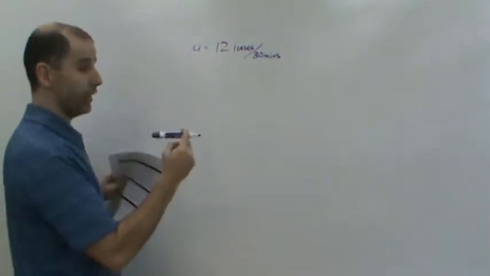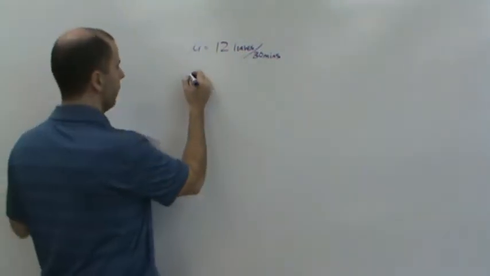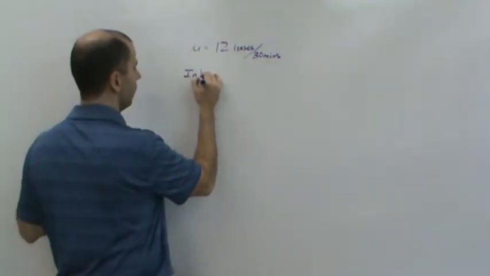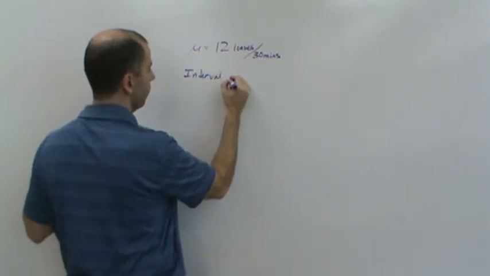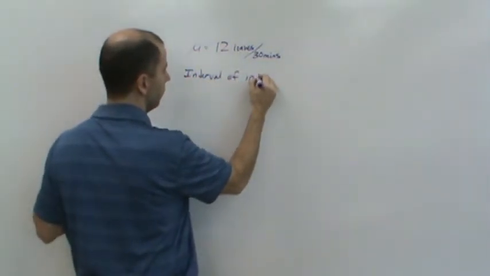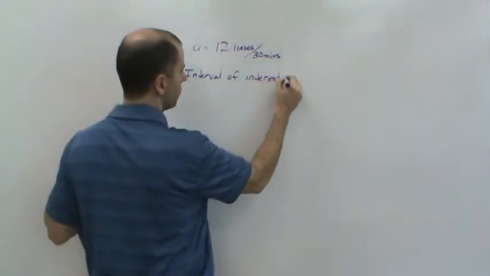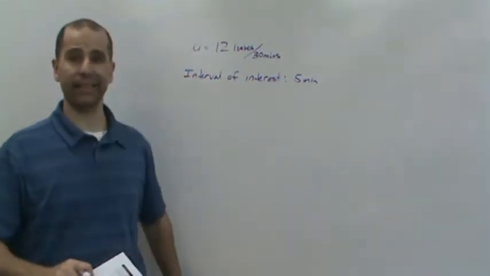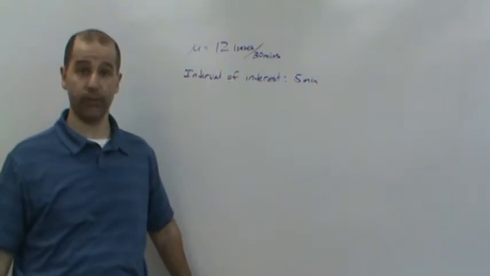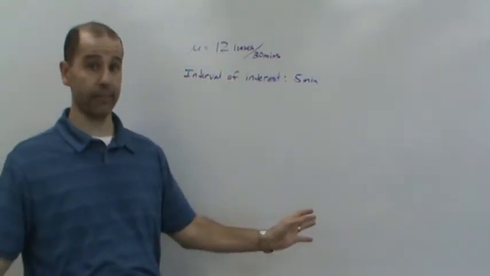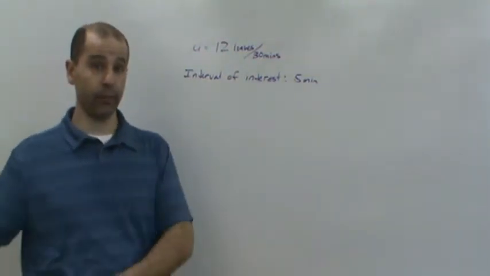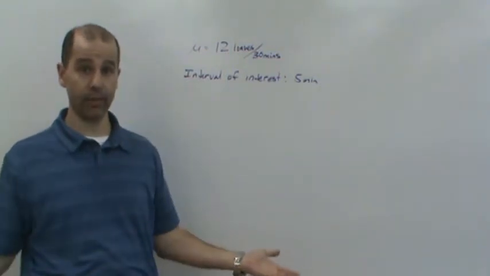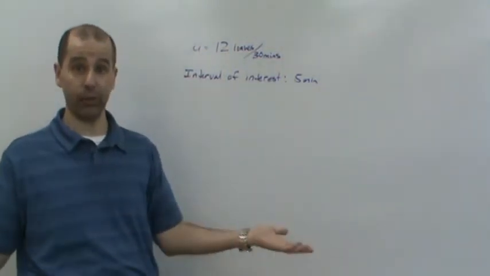Now, what's the interval of interest, okay? The interval of interest is 5 minutes. So we want to basically take any 5-minute period of time, right? It doesn't matter which 5 minutes. It could be the first 5 minutes, it could be the last 5 minutes, or any 5 minutes in between within the half an hour, right?